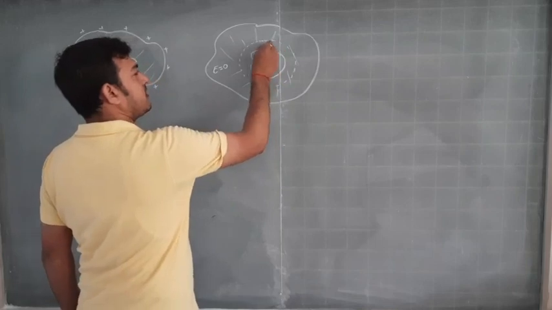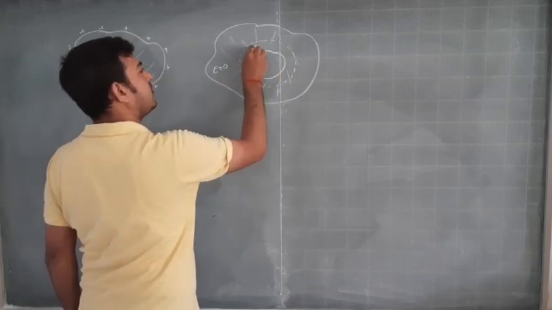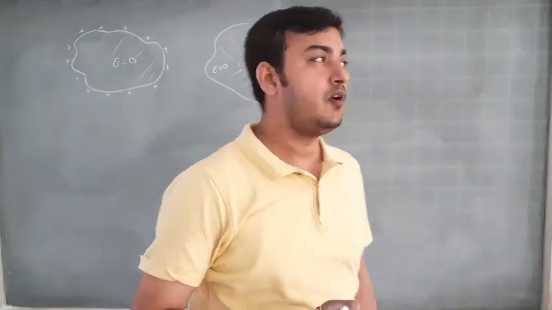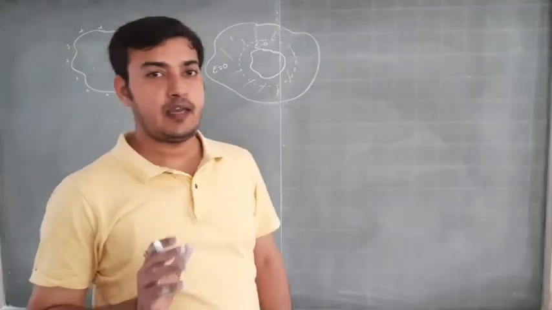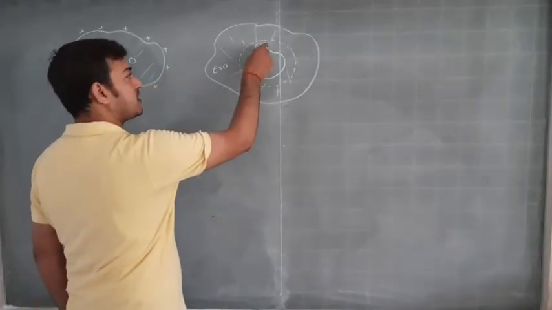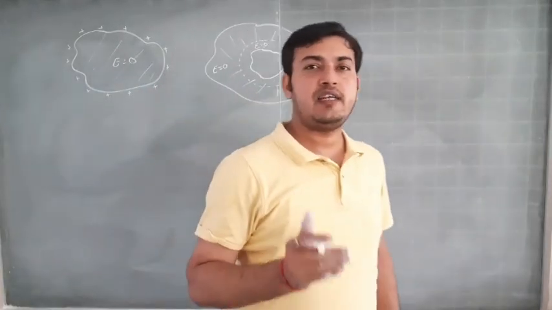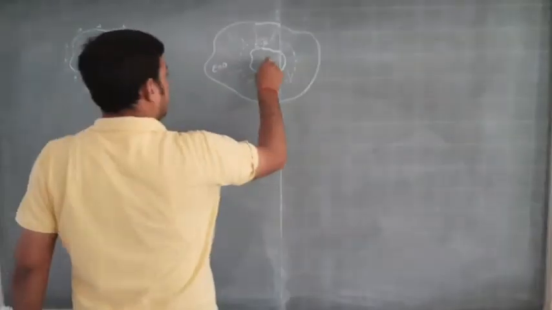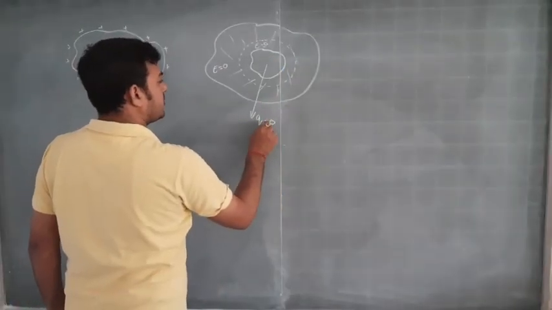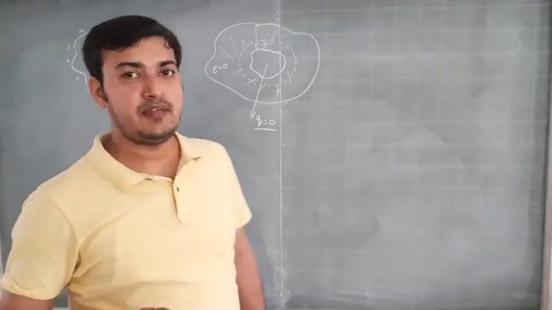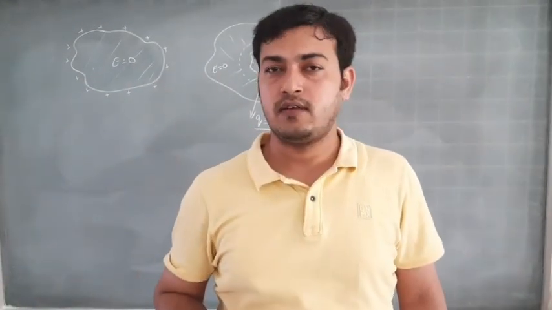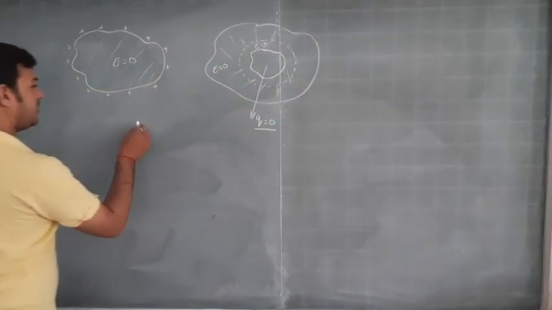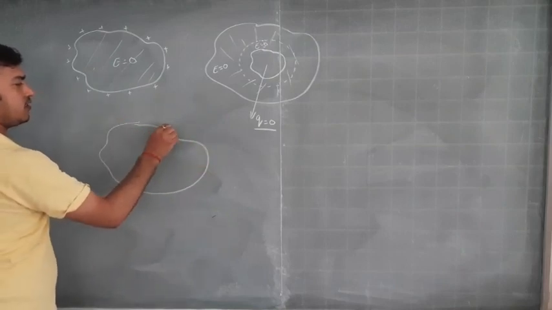If the electric field inside this conductor is 0, it means at this place also the electric field is 0, which means the net charge inside that Gaussian surface must be 0, so there must be no charge inside this cavity, and it can be deduced from the Gauss theorem easily.